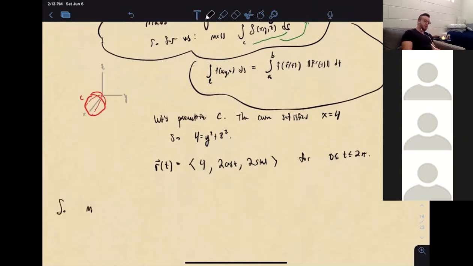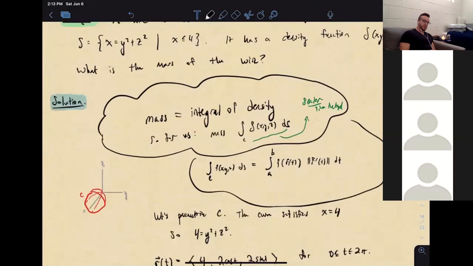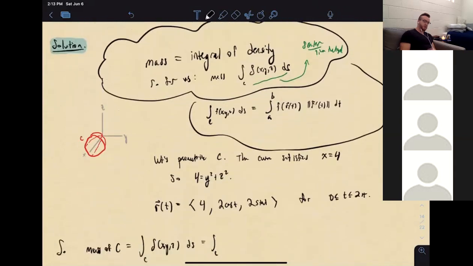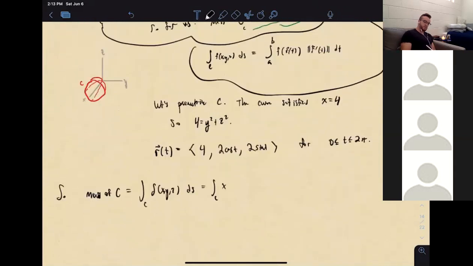So the mass of C, like I wrote up there, this is going to be the integral of the density function over C ds, which is, I forget what the density function is, x plus y. And now I can use my parameterization to turn this into a line integral.